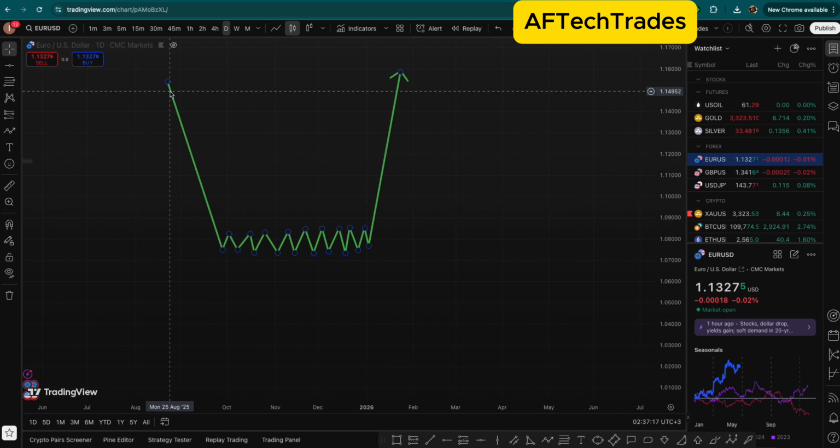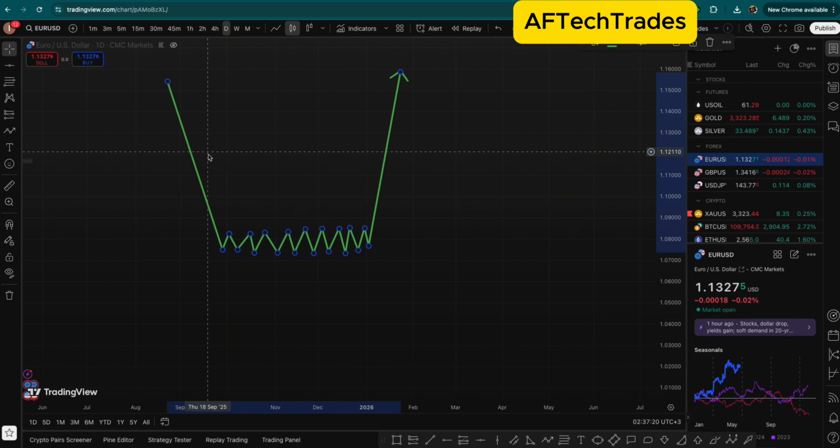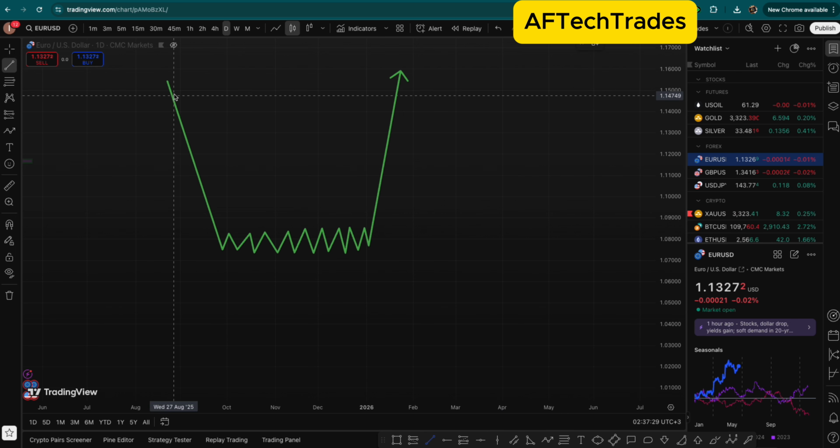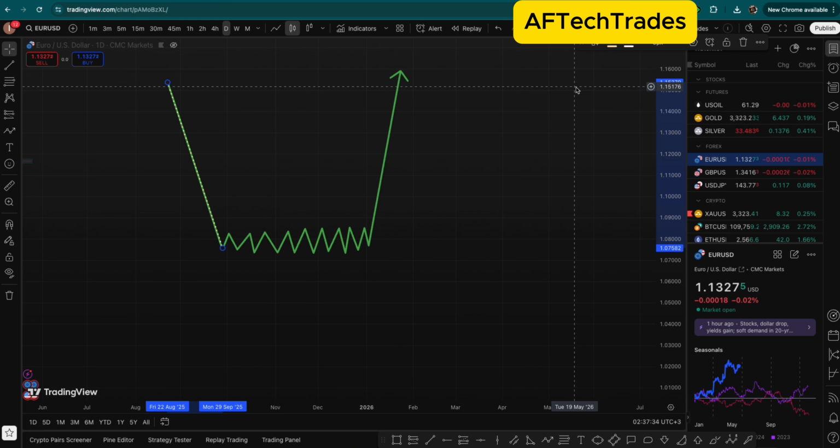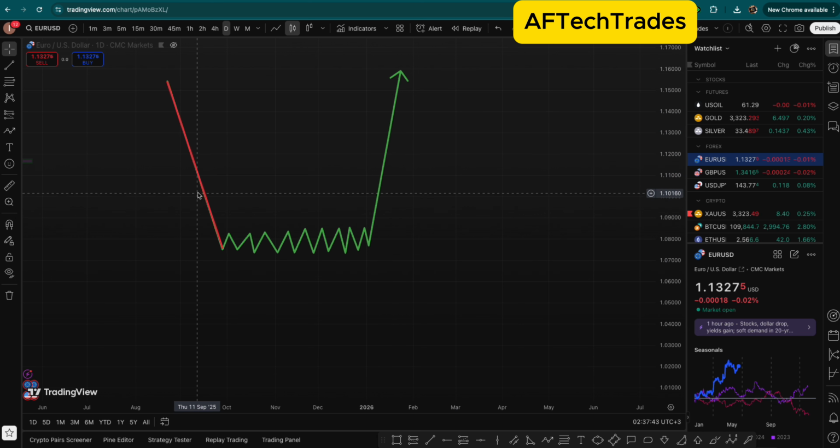So mind you, this particular candle is a bearish candle. Let me make it red for you to understand. Let me put a red candle here. So you see, this drop here is a red candle, right?